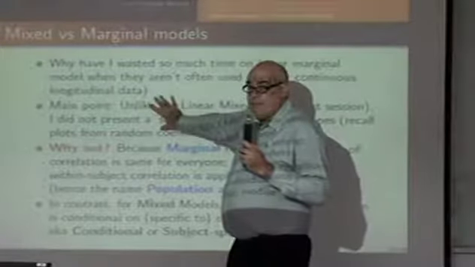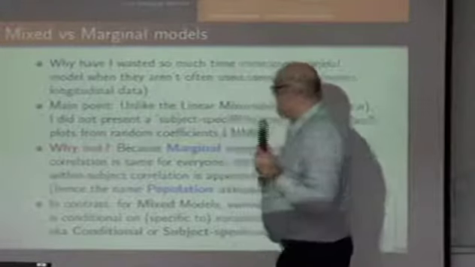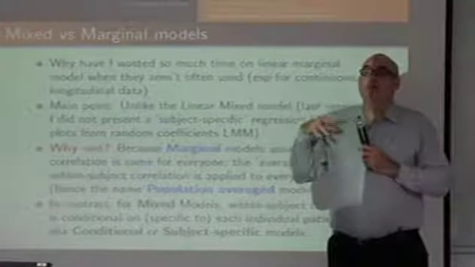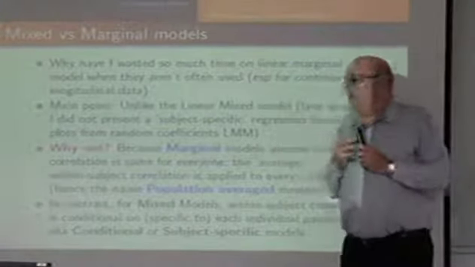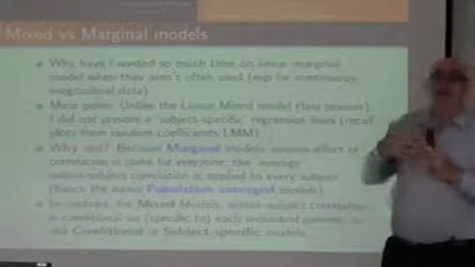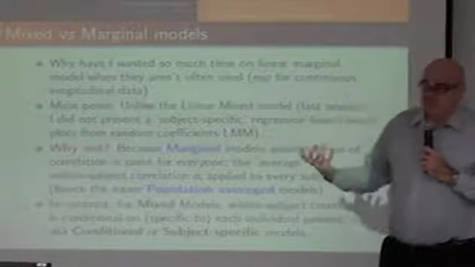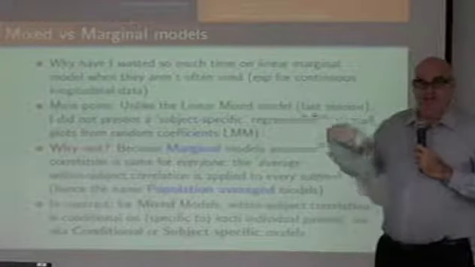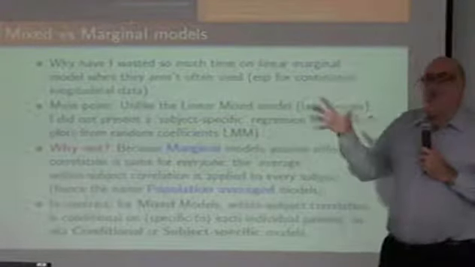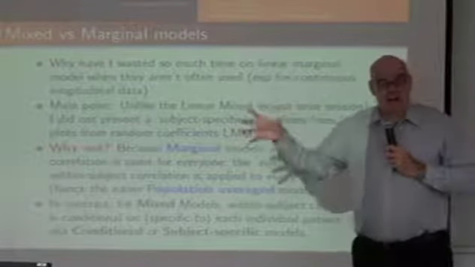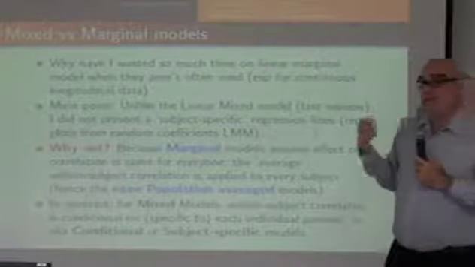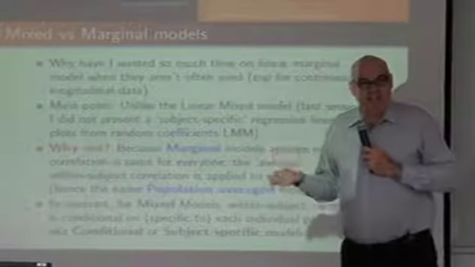The reason I don't particularly like them is, unlike the linear mixed model, they don't present a subject-specific model. They give you a population averaged model. Okay, so there's an average correlation among the data. And that's why we can use a single error structure to represent all individuals, and that's where we get the idea population average.